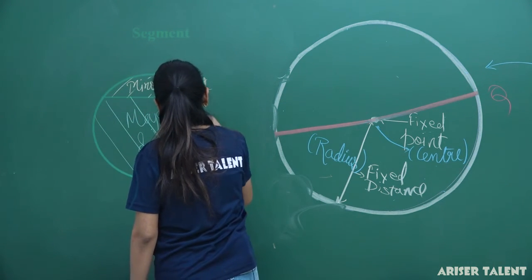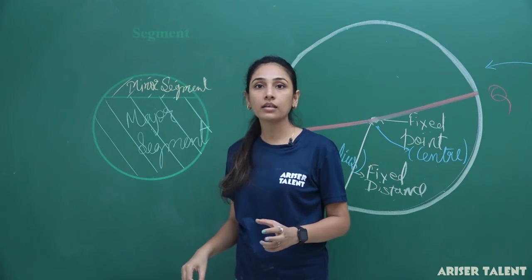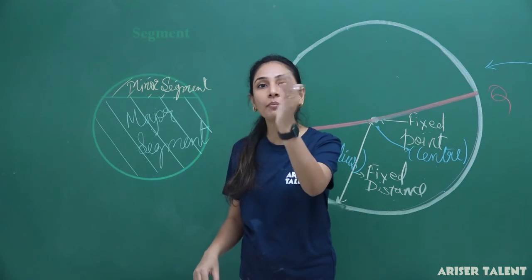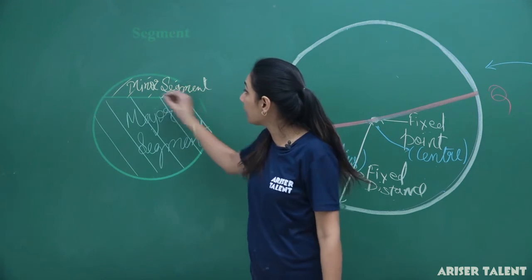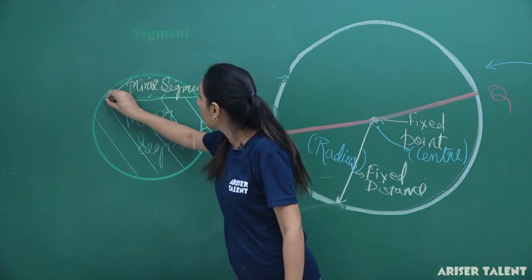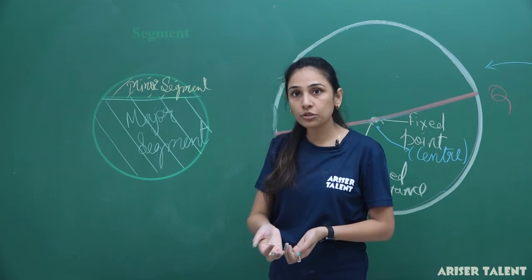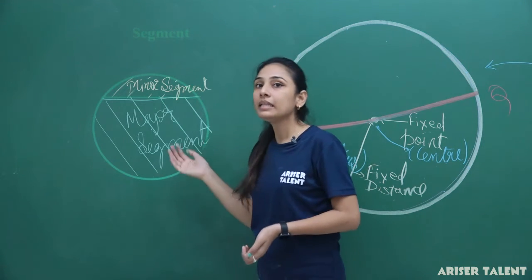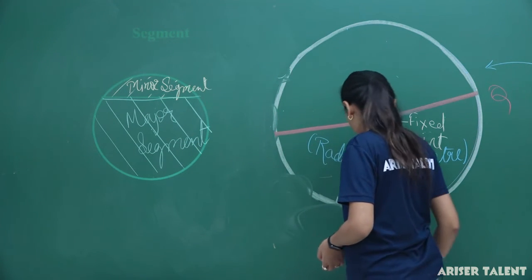So when I talk about two radii and an arc, they combine to make a sector, but a segment is a chord plus the arc. The major portion is known as the major segment, the minor portion as the minor segment.